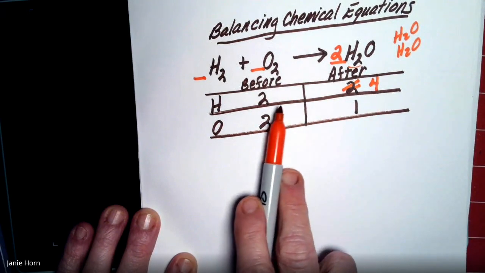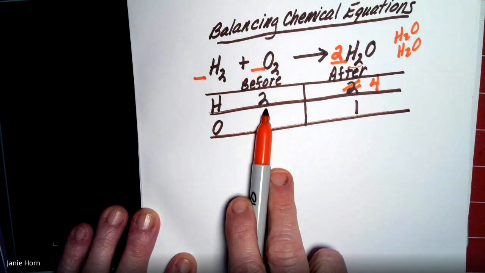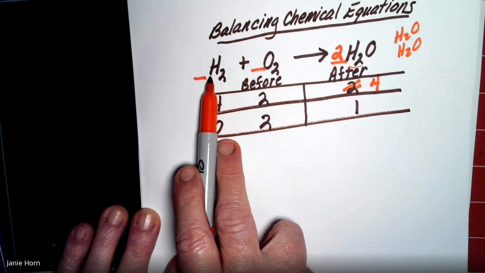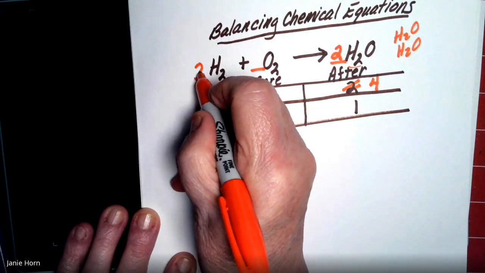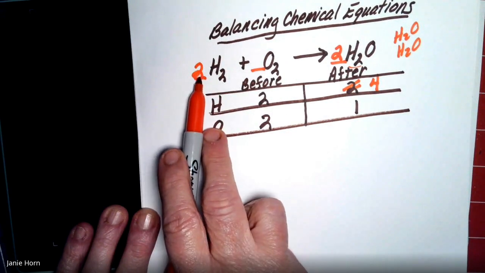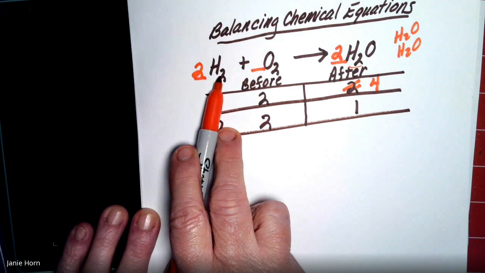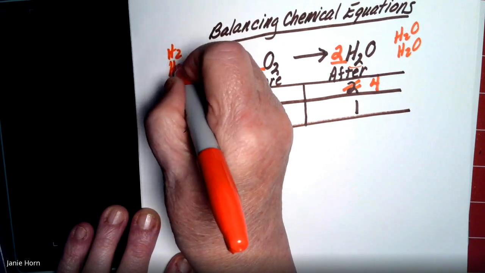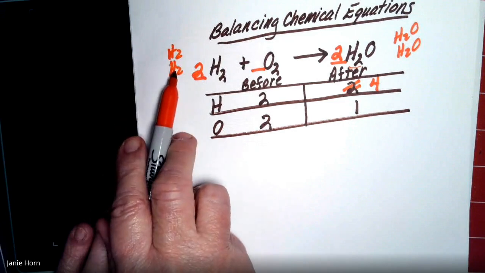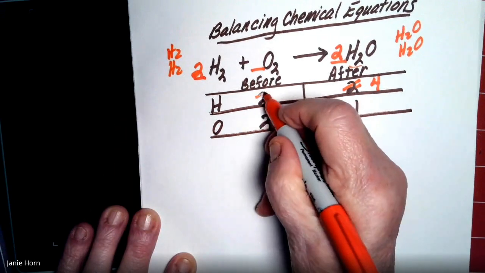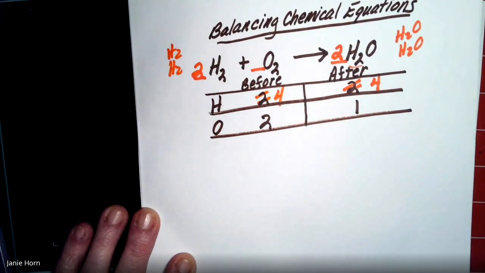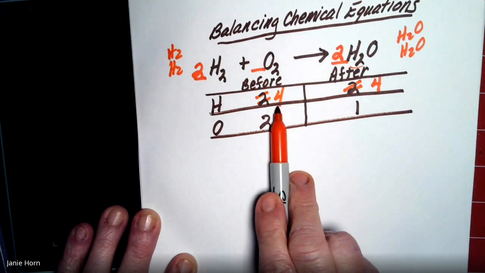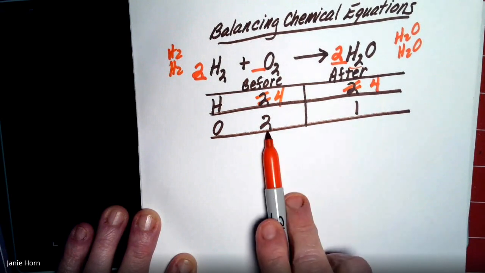So in order to get 4 hydrogen on the other side, I'm going to have to come over here and multiply that times 2. Now that means I have H2 and I have H2. I have 2 of them, which means I have a total now of 4 hydrogen on that side. So I have 4 hydrogen, 2 oxygen.